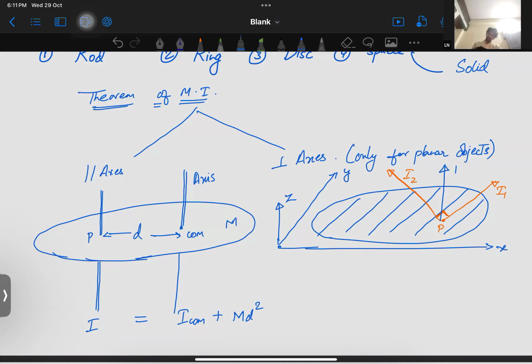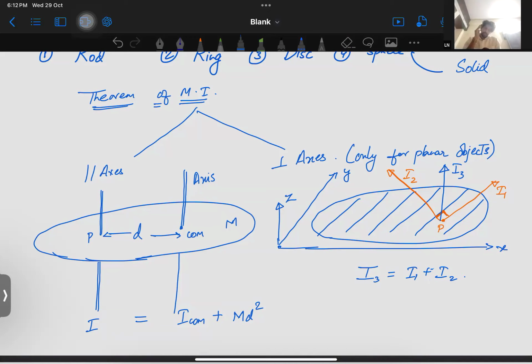This is your I3. Make a note that I1, I2, I3 are mutually perpendicular. Two of them are in plane, one of them is perpendicular to the plane. The relation between these three moments of inertia is known as the what theorem? Perpendicular axis theorem. So I3 is nothing but I1 plus I2. This is the perpendicular axis theorem.